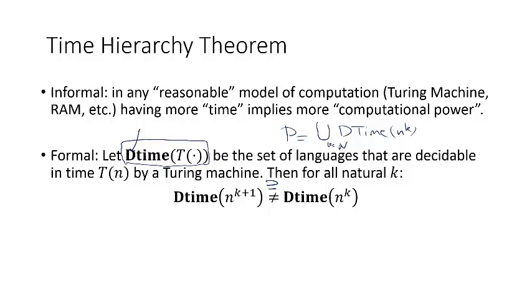In fact, before proving a theorem, I want to tell you that just the way you define deterministic time T(n), we could as well define non-deterministic time. Non-deterministic time T(n).